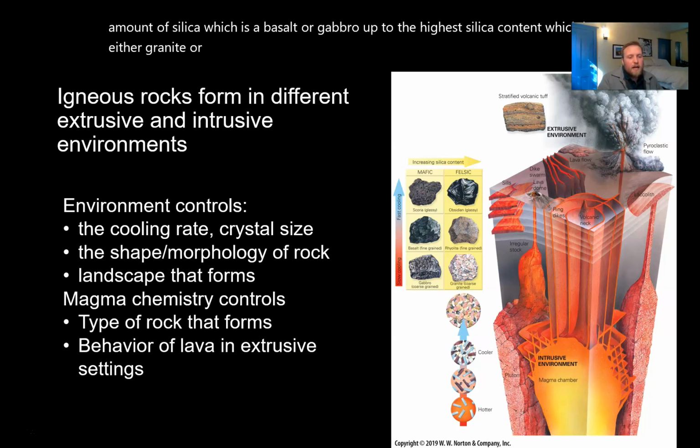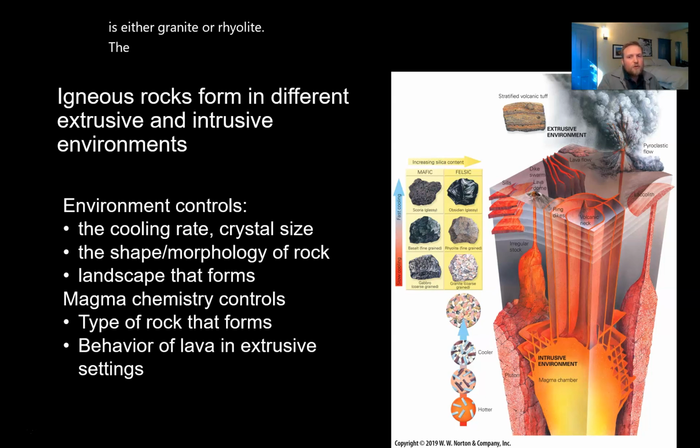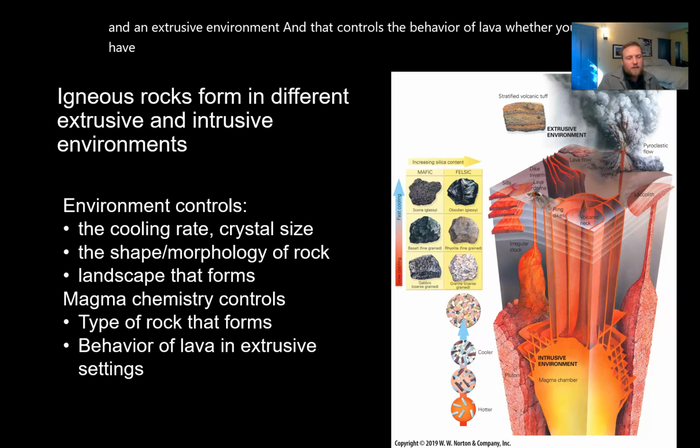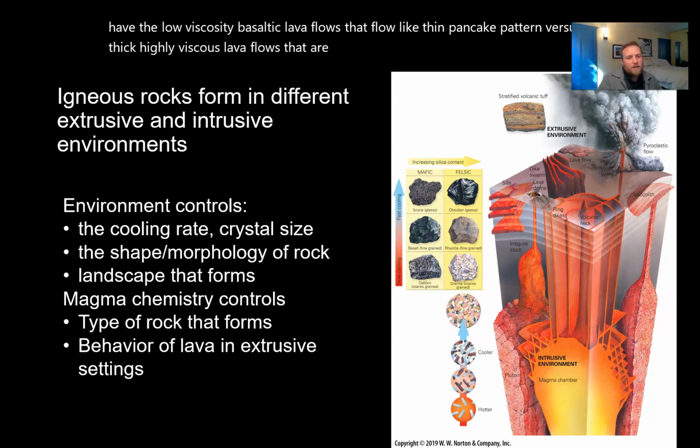And the magma chemistry controls the viscosity of the lava that's erupted at the surface in an extrusive environment, and that controls the behavior of lava. Whether you have low viscosity basaltic lava flows that flow like thin pancake batter versus thick, highly viscous lava flows that are like really thick cake batter or something, okay?